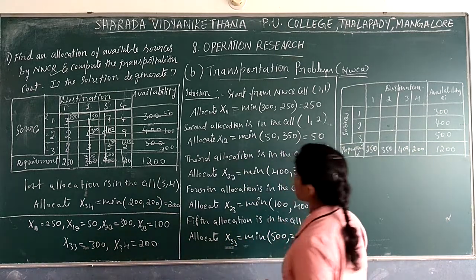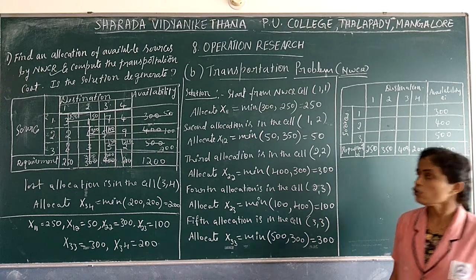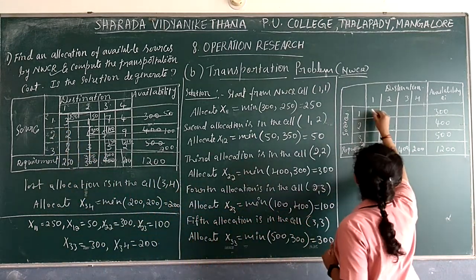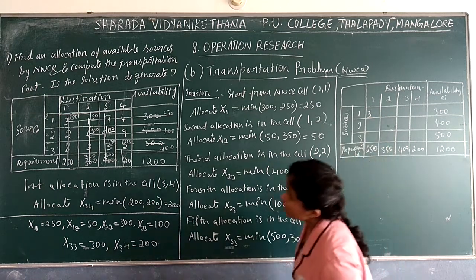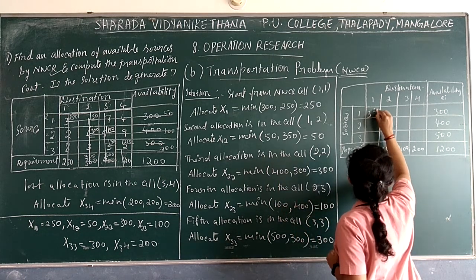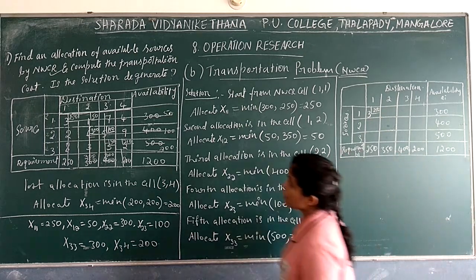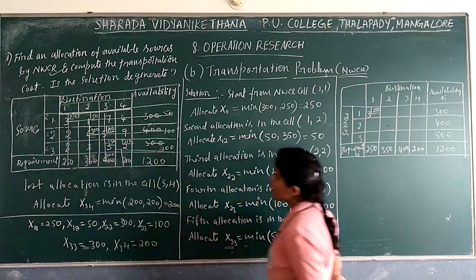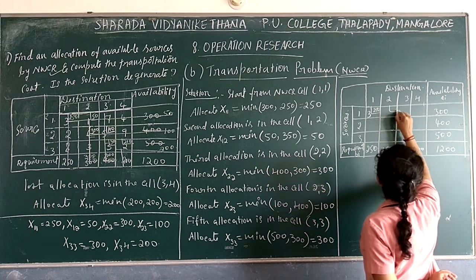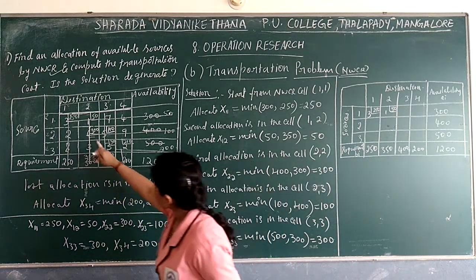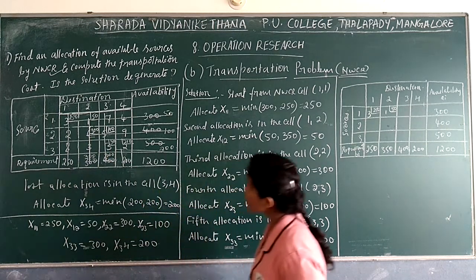Now what you have to write? You have to write what we allocated here. The cost in the first cell is 3, and there we allocated 250. Next allocation here is 50. Then next allocation here is 300.